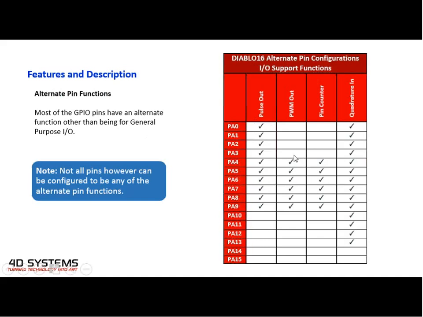There are several pins also that can output pulse width modulation. Some of them also have the counter function. That means if you have pulse input on PA4 or PA5 up to PA9, it internally has a counter, and you can use that for logging some activities or events external to the processor.